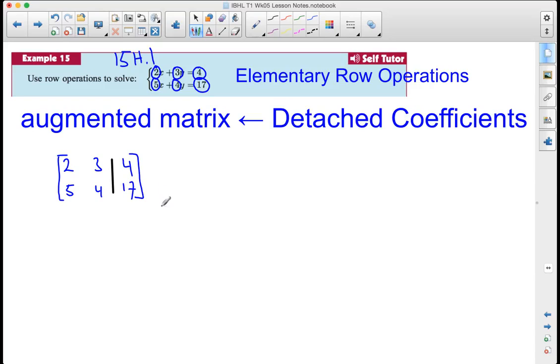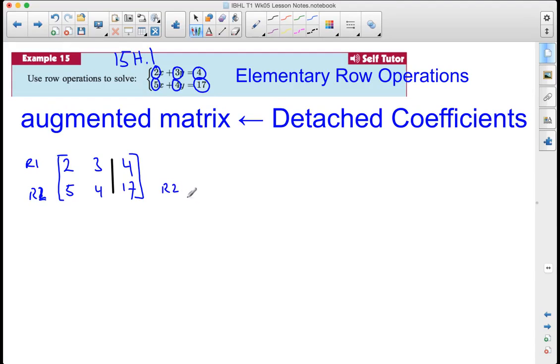And how are we going to do that? Well, the top here we will call row 1, and the bottom there we will call row 2. And we will try to create a 0 there on row 2, preferably here in this corner. So we're going to rewrite row 2.